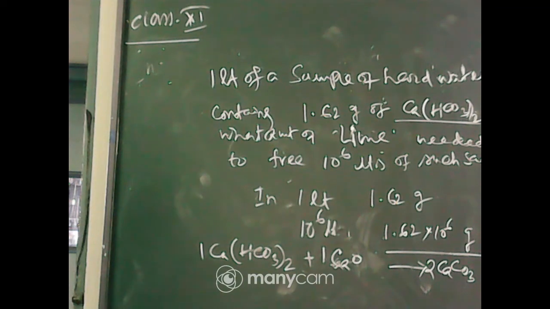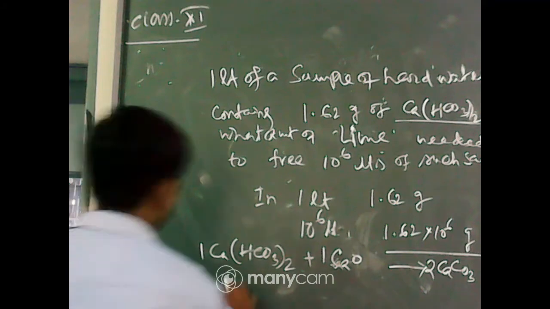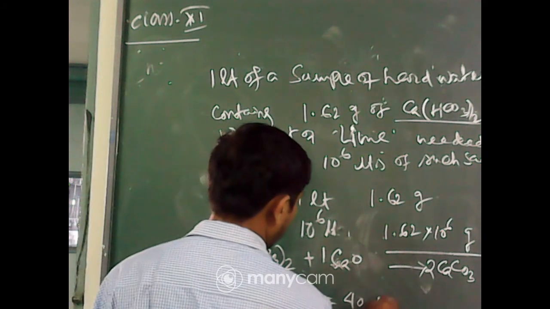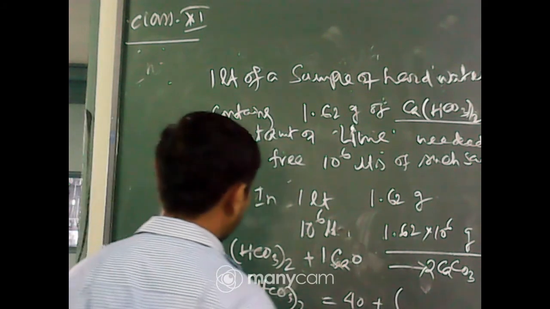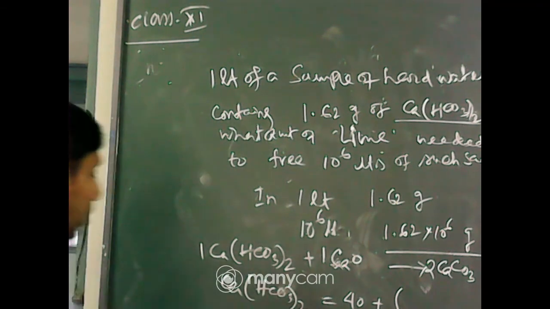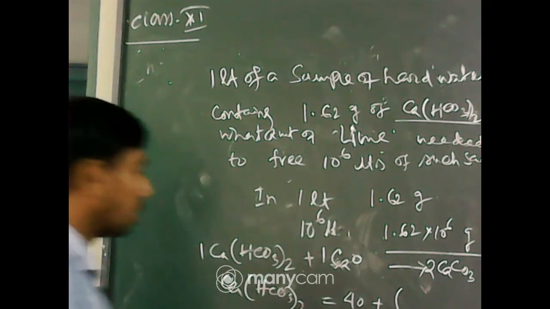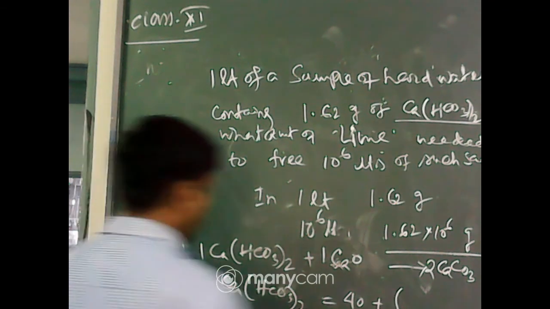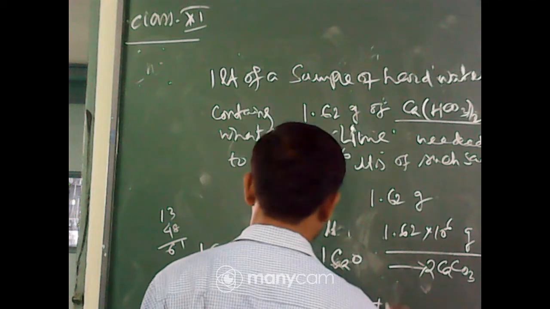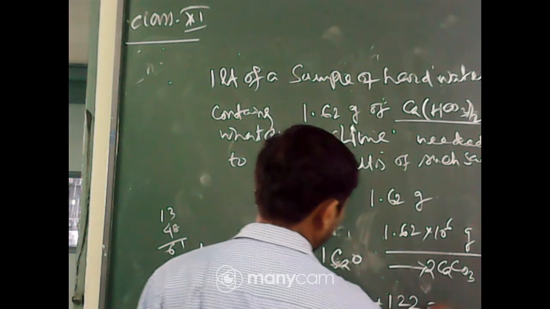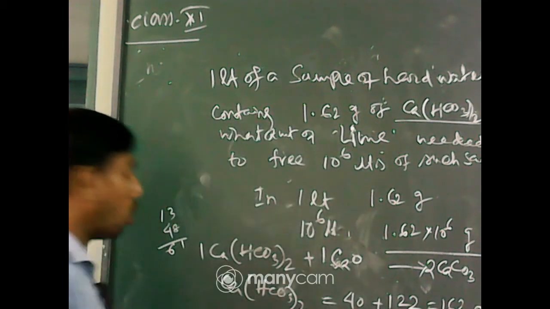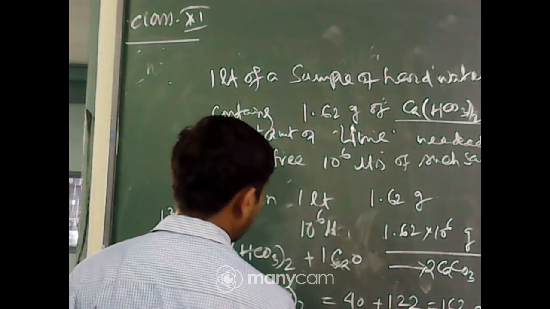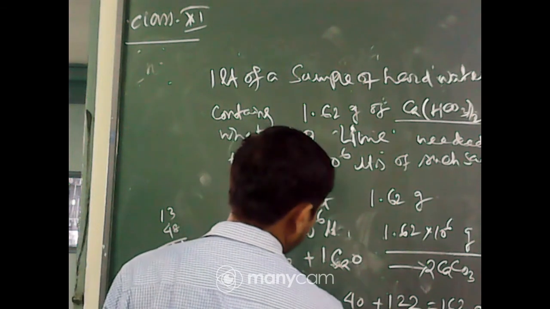next calculate the molecular mass of both the constituents. First calcium bicarbonate: calcium 40 plus 2 times (1 plus 12 plus 48), that is 162 gram. 1 mole of calcium bicarbonate is equal to 162 gram, and CaO is 40 plus 16, that is 56 gram.